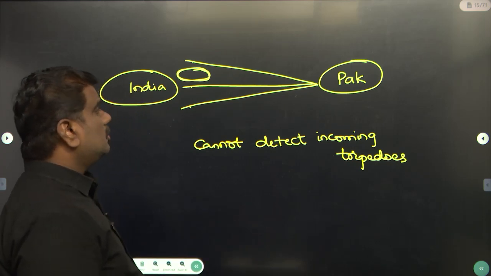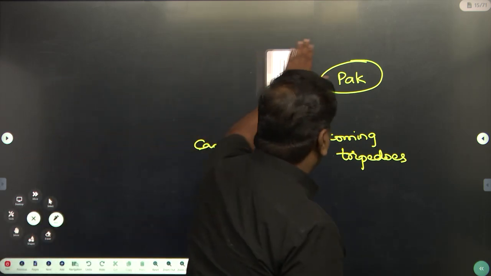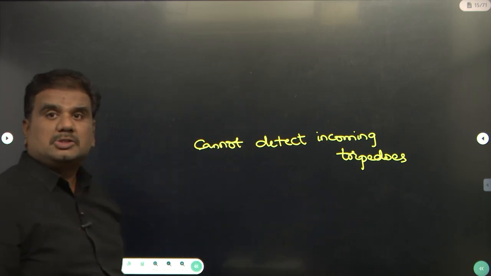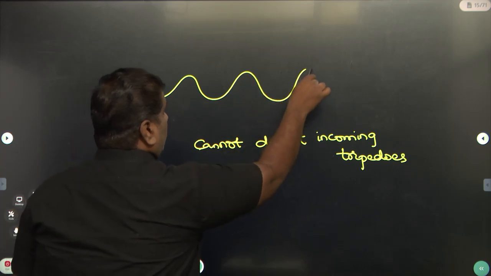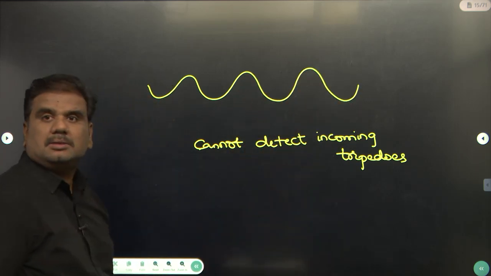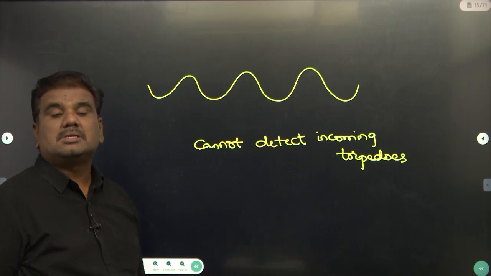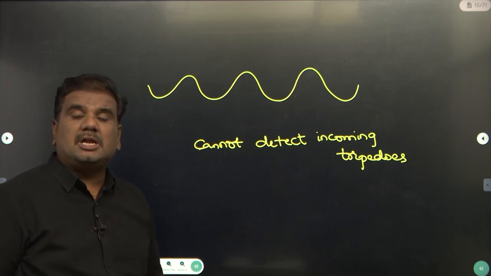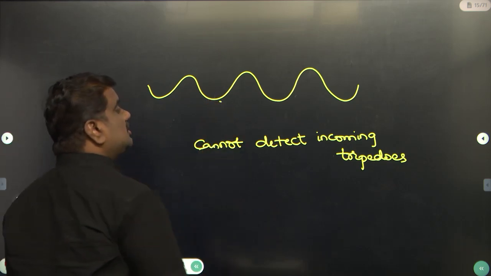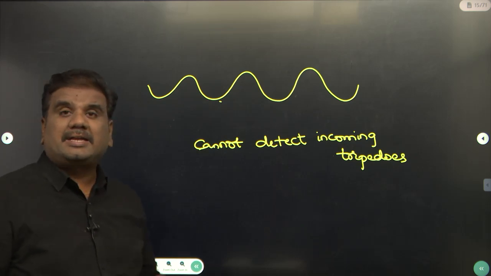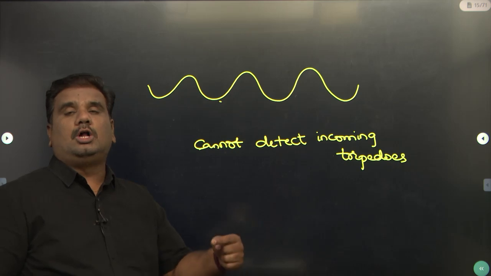Now coming back to the case of Marich, the speciality of Marich is that it will always travel in a zigzag path like this. At the same time, the other speciality of Marich is that it can identify and trace any incoming torpedo also.